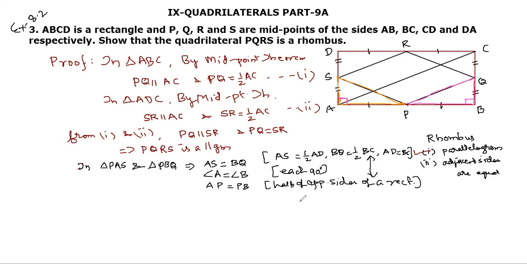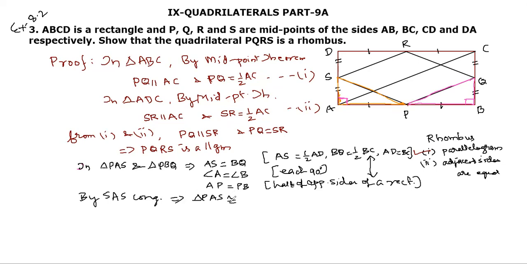So we got that these two triangles are congruent. So triangle PAS is congruent to triangle PBQ by SAS congruency.